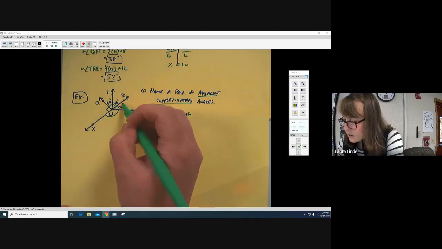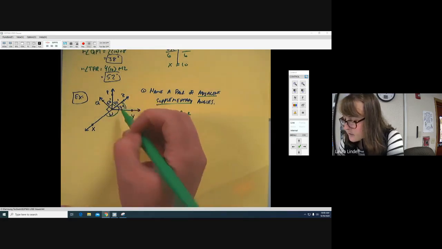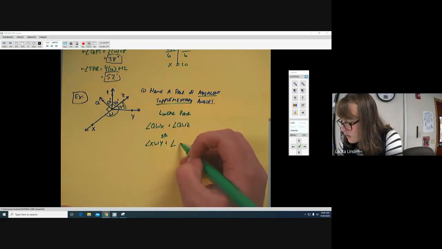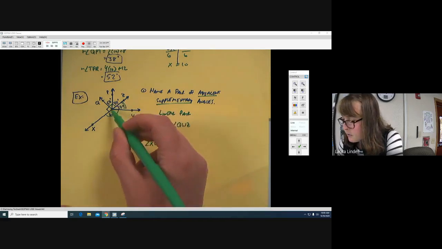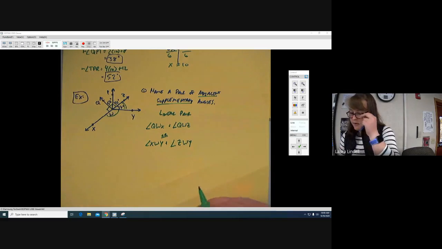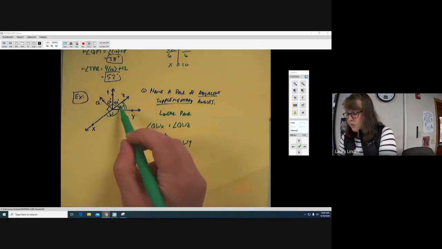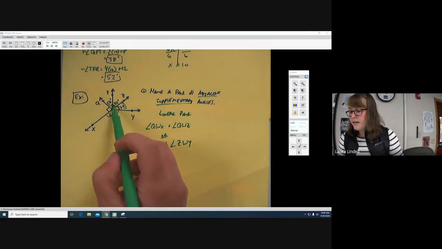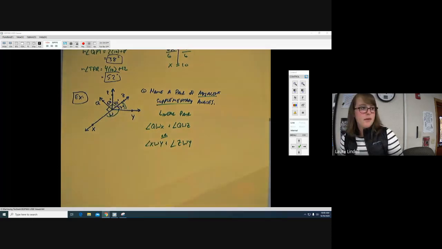We could use that angle and this one. So that would be ZWY. So we could use these two, or we could use these two. Either one. If they wanted adjacent and complementary, we'd be looking for ones that add to 90, so maybe like those two. But yeah, that's another kind of thing that we could see.